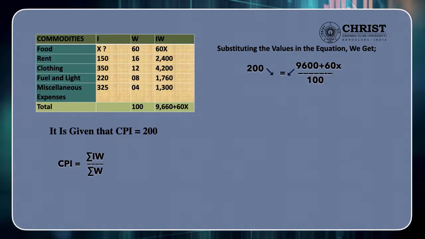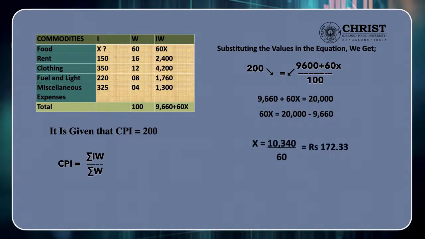Now cross multiply, then you will get 9660 plus 60x is equal to 20,000, that is 200 into 100. Now we derive 60x is equal to 20,000 minus 9,660. That means x is equal to 10,340 divided by 60, that is equal to 172.33.